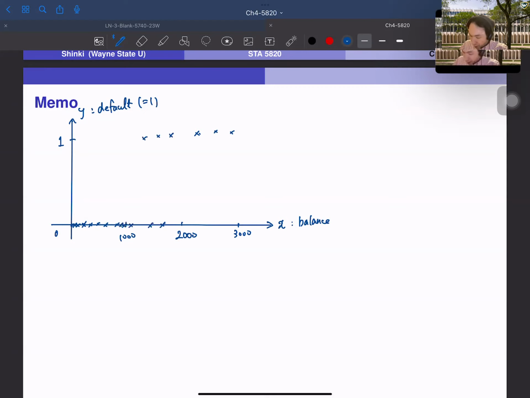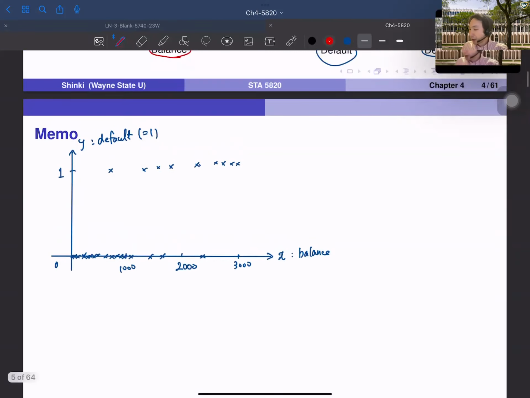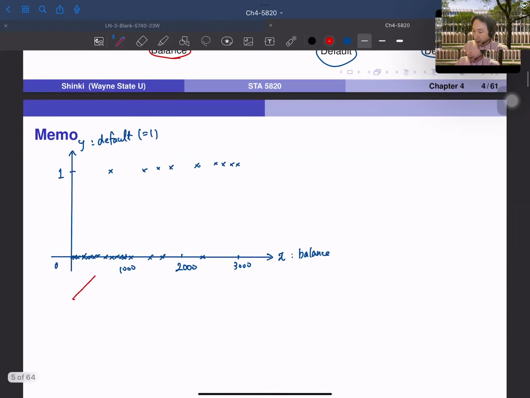But basically more observations, and maybe even at smaller balance, some people default. So one way is to fit the linear regression. So what happens? This is the fitted line, because we have more observations around here and more observations around here.